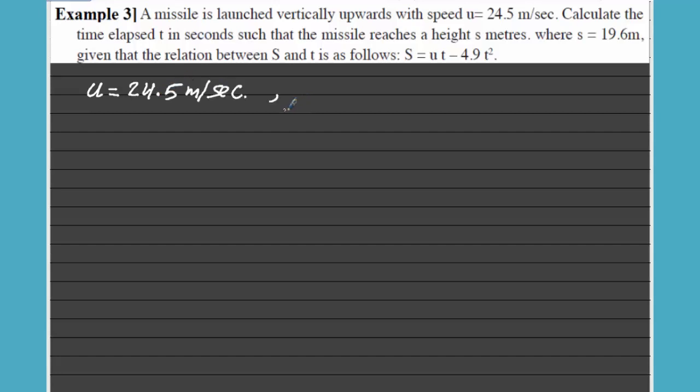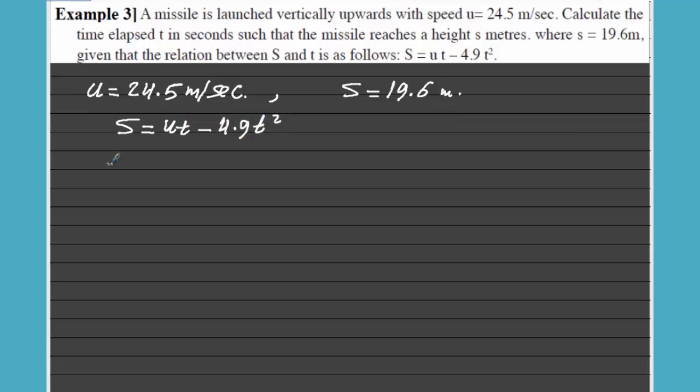Calculate the time elapsed t in seconds such that the missile reaches a height s meters, where s equals 19.6 meters. Given that the relation between s and t is as follows: s equals ut minus 4.9 t power 2.